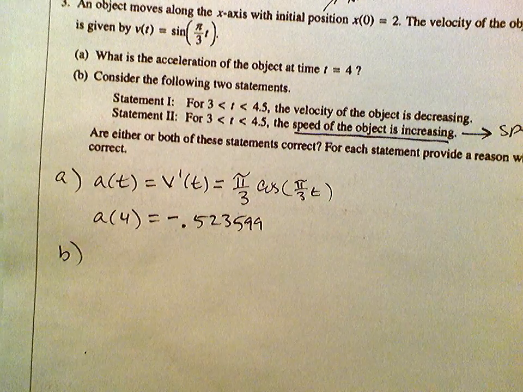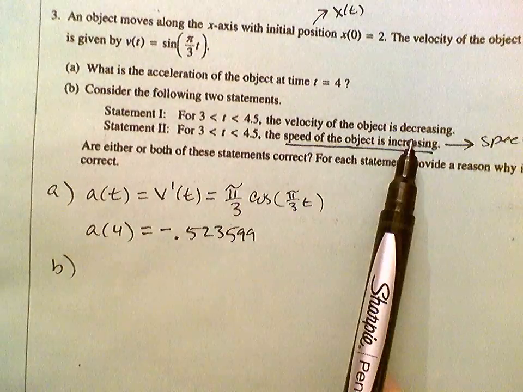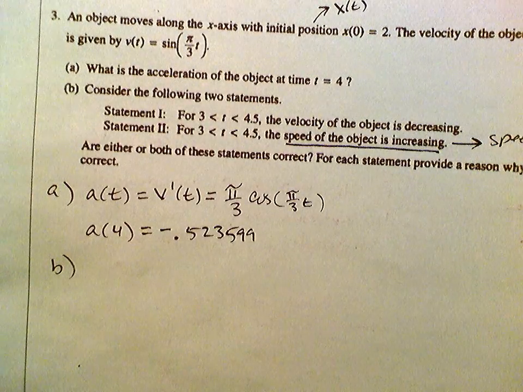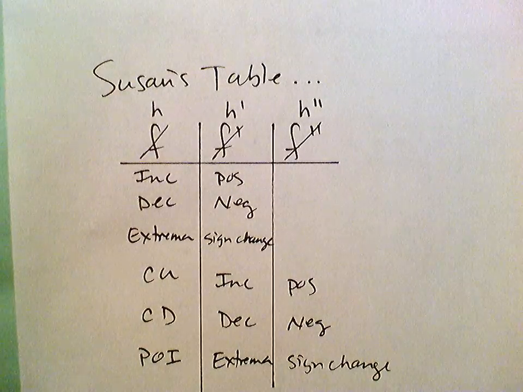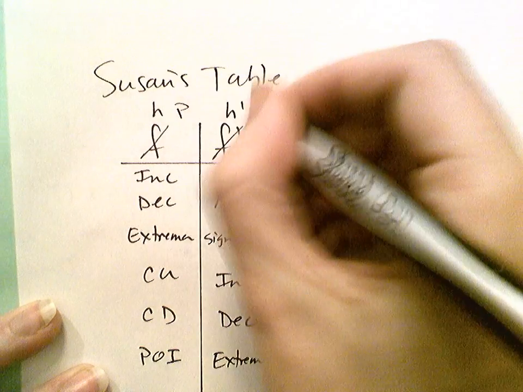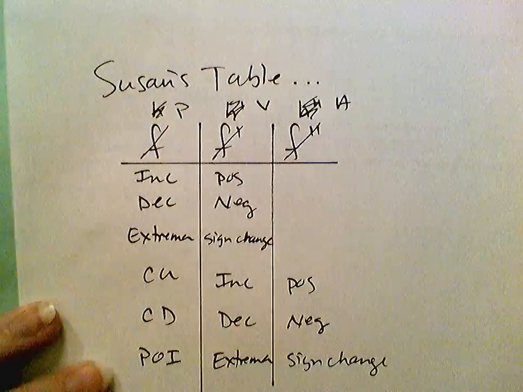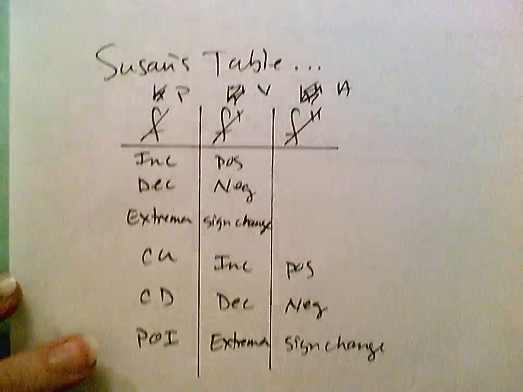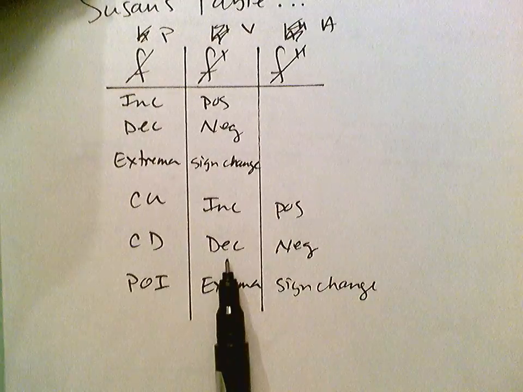Alrighty, so I want to know if the velocity of the object is decreasing. Well, this is where you have to know this table like the back of your hand. This is position, velocity, acceleration. They want to know when the velocity is decreasing.